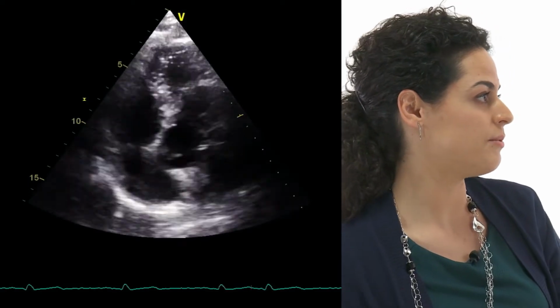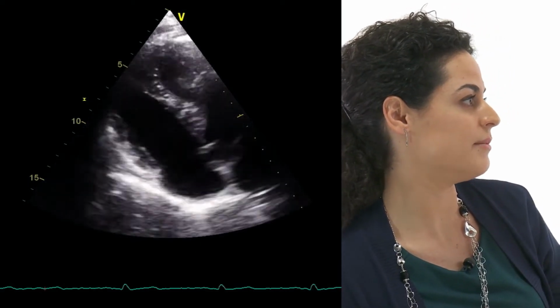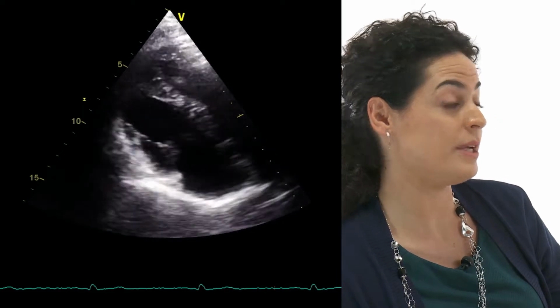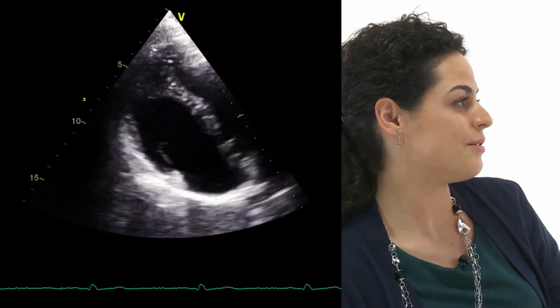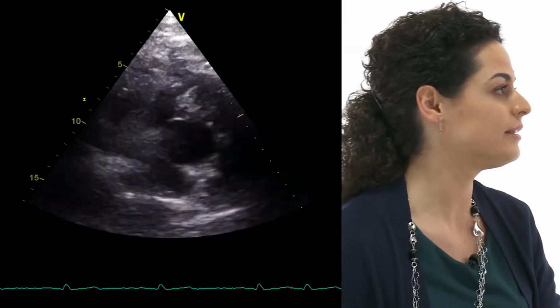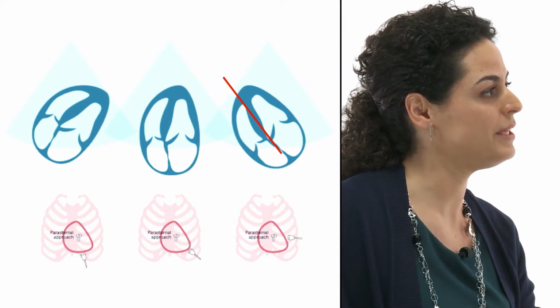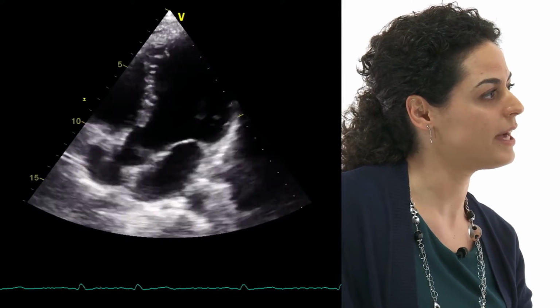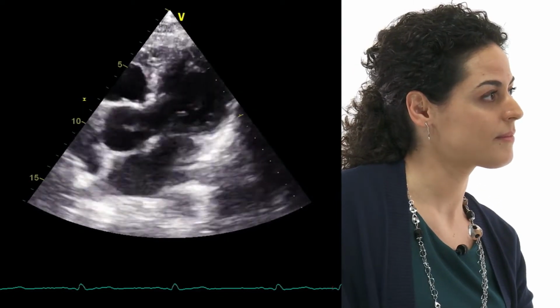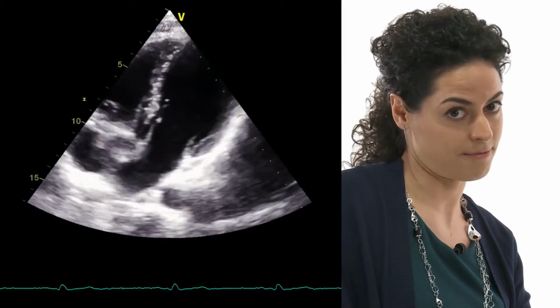So actually, when I go lateral, my image is like this. I really can see the right ventricle. When I go lateral, the septum goes parallel to the beam. And then again medial, I focus on the left ventricle.